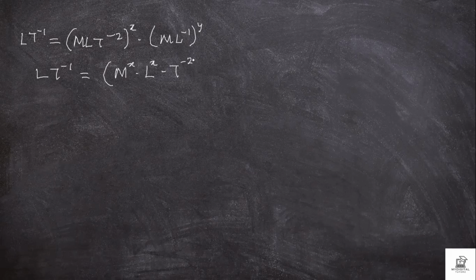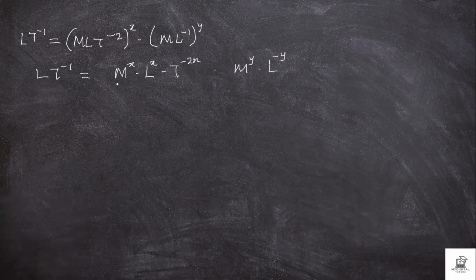That will give us minus 2X. Again, do the same with this one. I'm going to have M raised to power Y, L raised to power minus Y. I think we don't need the bracket again since we have opened it. So we have something like this.